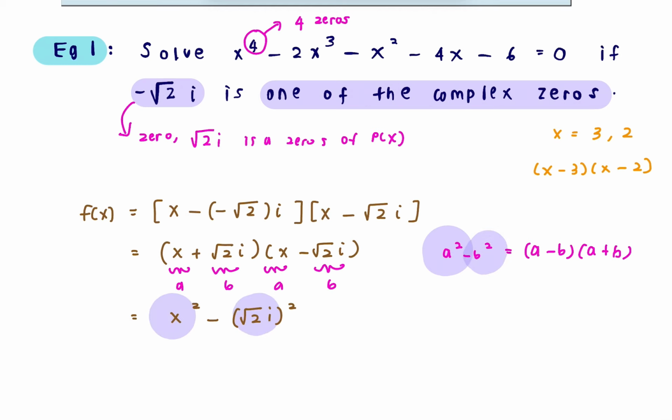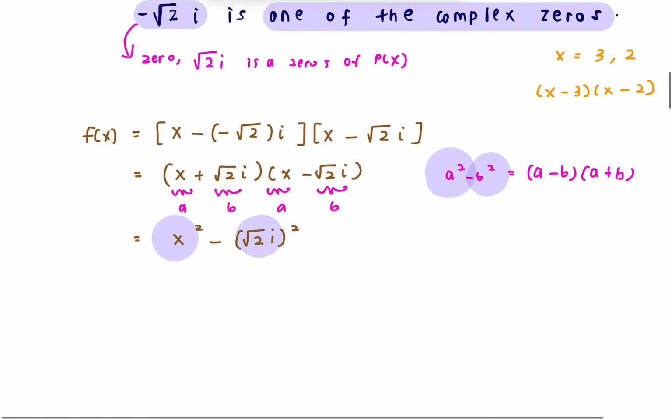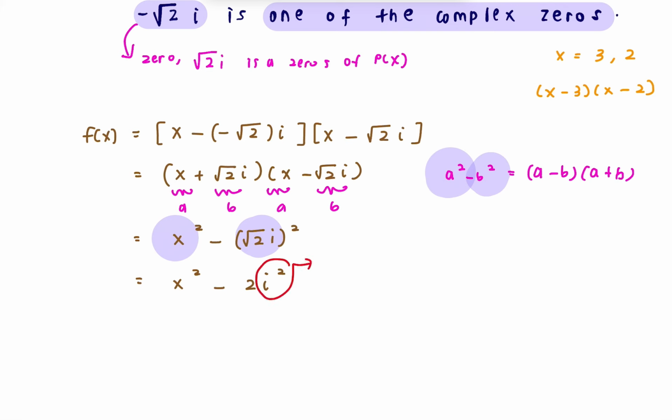Then simplify further, you have x squared minus 2i squared. Remember, every time you have i squared, this is equal to negative 1. So your answer here will be x squared plus 2.